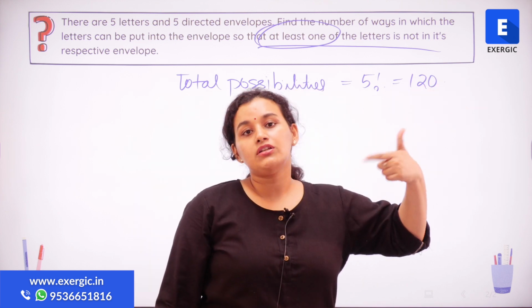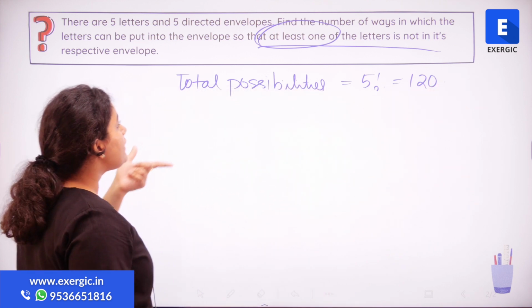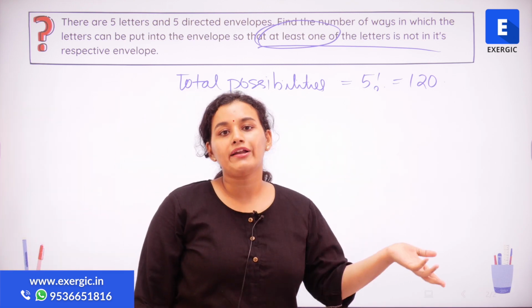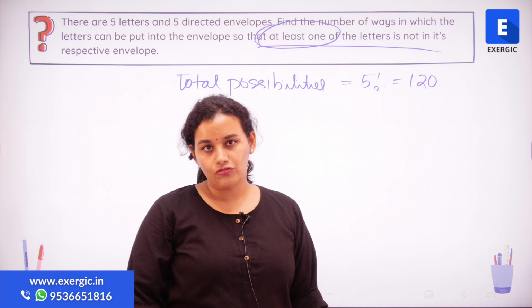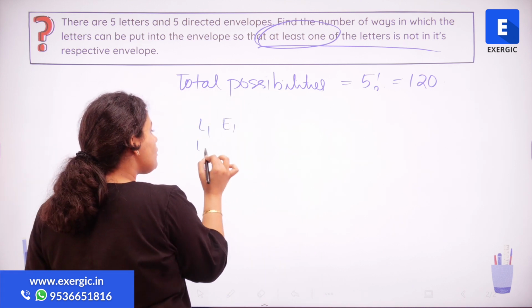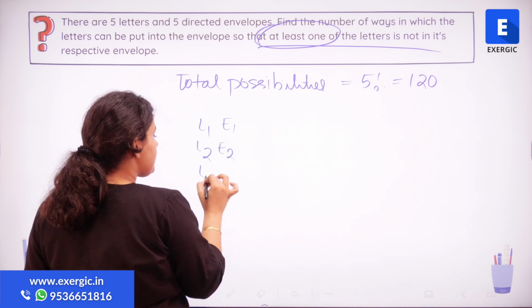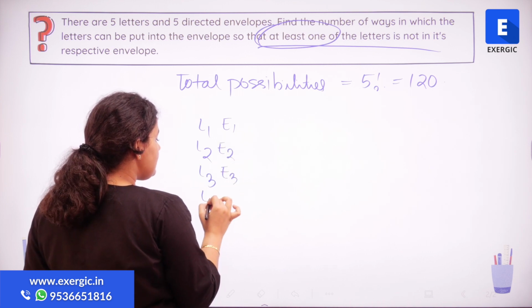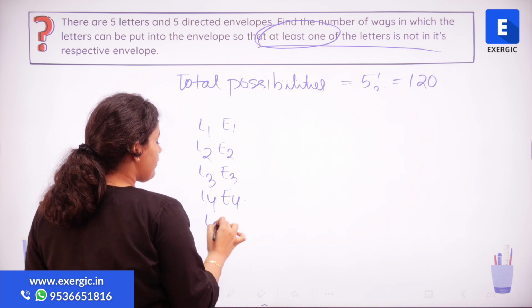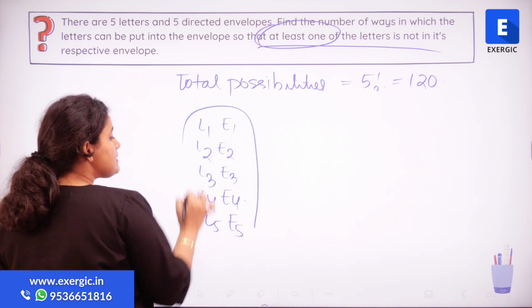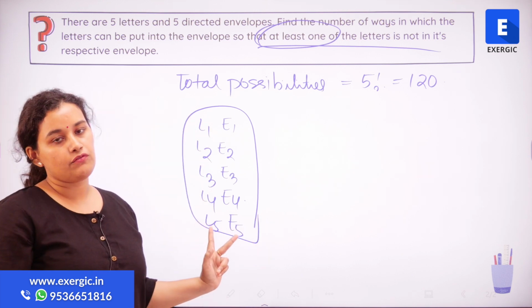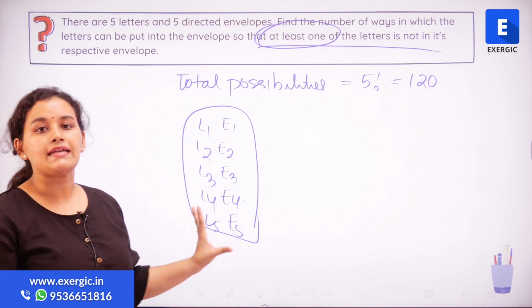Now think about the situation which is not included in the case of at least one not going to its respective envelope, right? That means all of the letters are going to their respective envelopes. L3 goes to E3, L4 goes to E4, L5 goes to E5. This situation wherein all of them are going to their respective envelopes is not acceptable.